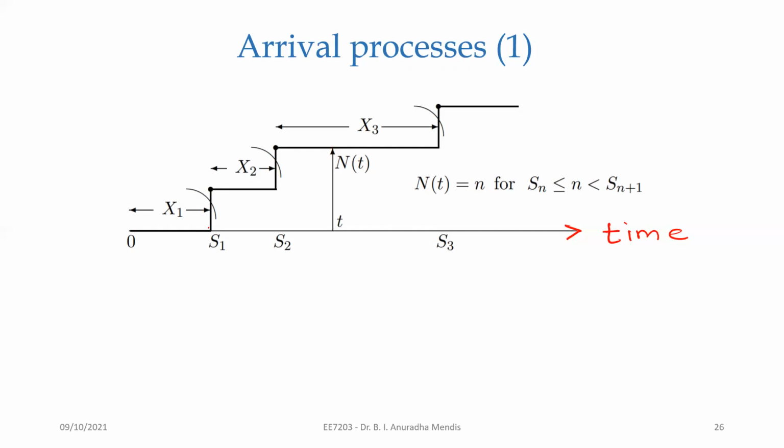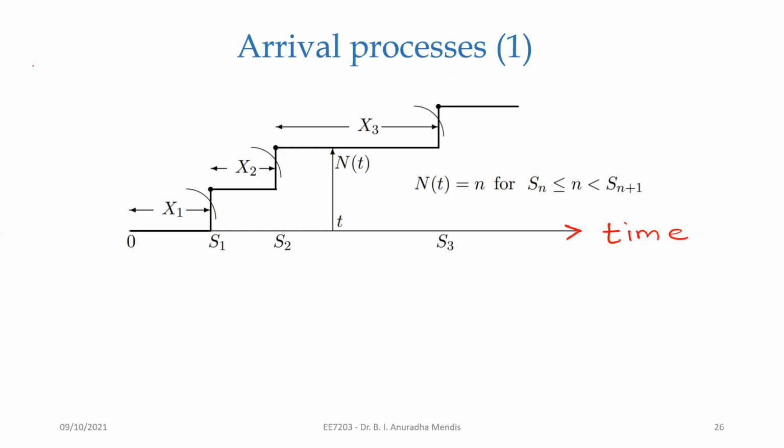For example, in the Zoom lecture, when I joined I was the only person, so there was no student arrival. But after a few seconds, one student joined. After another few seconds, a second arrival joined. After another time period, the third arrival. So these are the arrivals, happening at time S1, time S2, time S3. So at time S1, this N(t) equals 1.